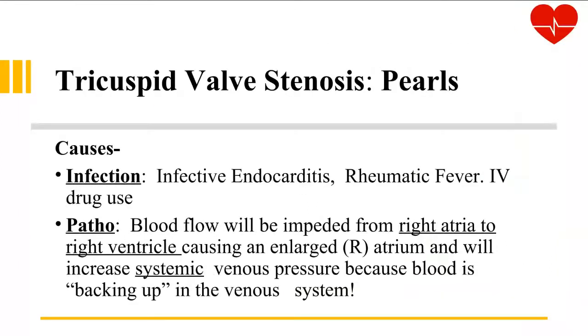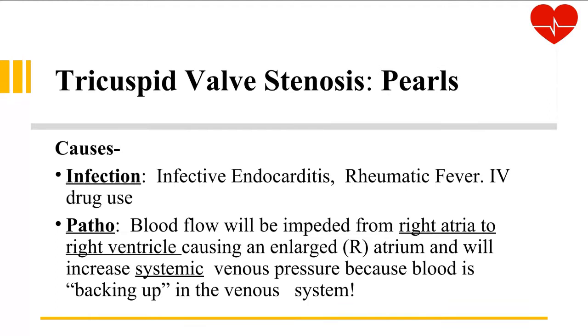Here are some of the causes that can happen to patients that have tricuspid problems. That's the valve that separates the right atria from the right ventricle. Infective endocarditis, rheumatic fever, and patients with intravenous drug use are at risk for tricuspid valvular stenosis.